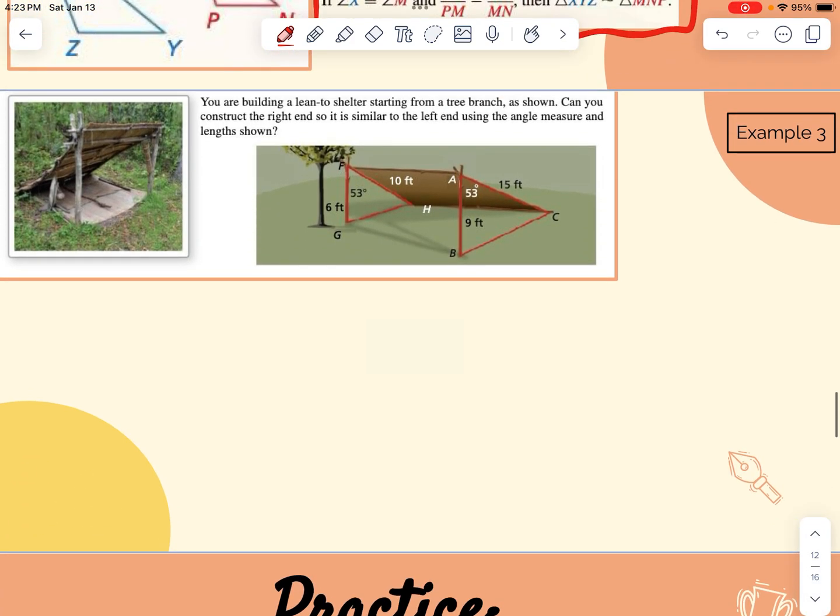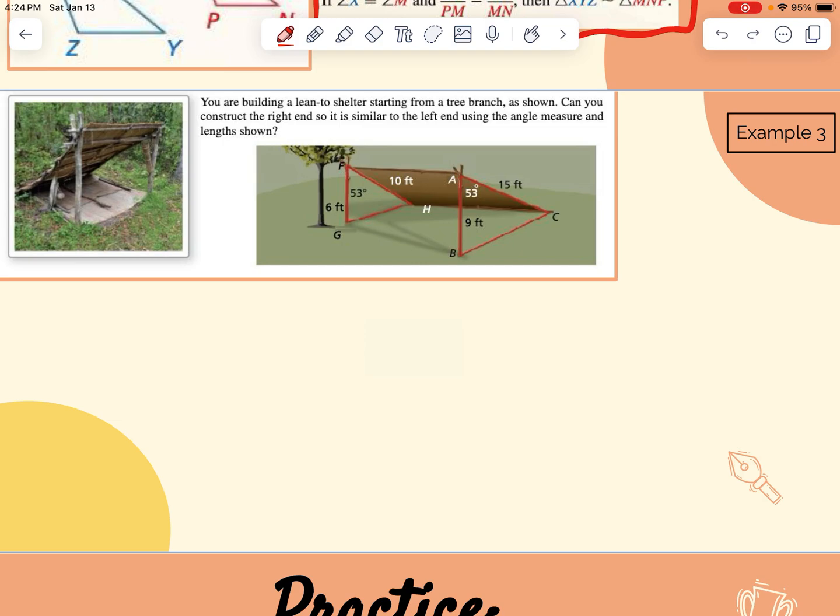Now, they start right off, and I love that they do this with a real-life example, because you guys say all the time, when am I ever going to use this? Well, here's a real example of when you can use side, angle, side to your advantage. You are building a lean-to shelter starting from a tree branch as shown. Tree branch right here. Can you construct the right end so it is similar to the left end using the angle measure and lengths shown?